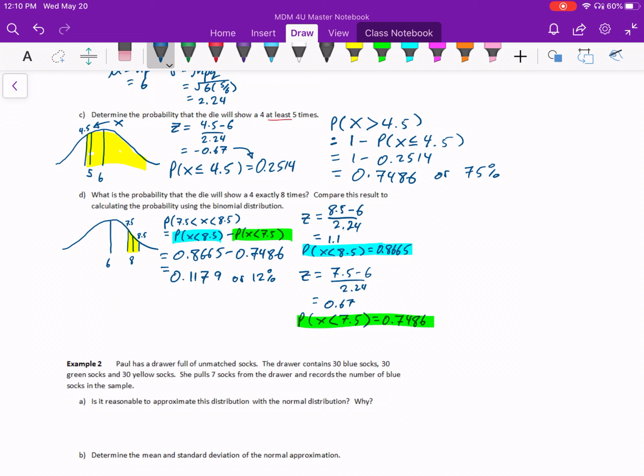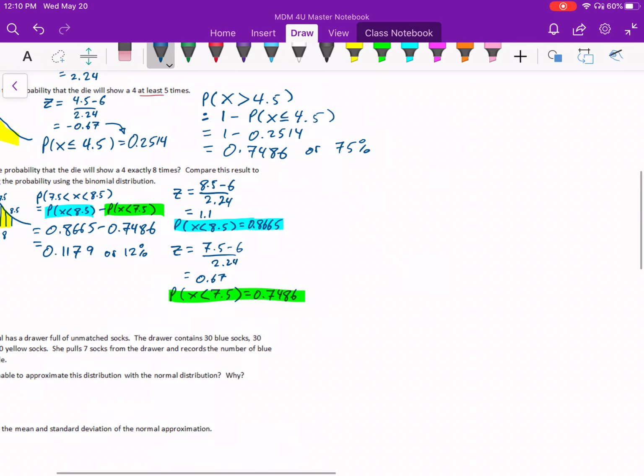We can just do it directly using our binomial distribution. In fact, it's easier, but that's only because we're finding a single value, 8 times. So in a case like this where we're finding it exactly 8 times, I wouldn't bother using the approximation using the normal distribution. But again, I'm just showing how it works right now.